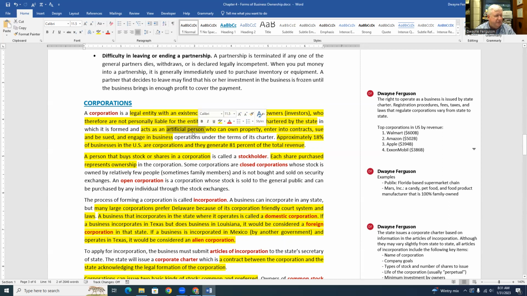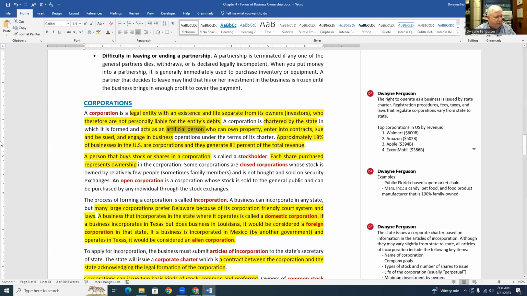The corporation is an artificial person. It can own property. It can enter into contracts. It can sue and be sued. It can engage in business. So the company itself, the corporation itself, just think of it as a person that can be sued, a person that can go into contracts with other businesses.